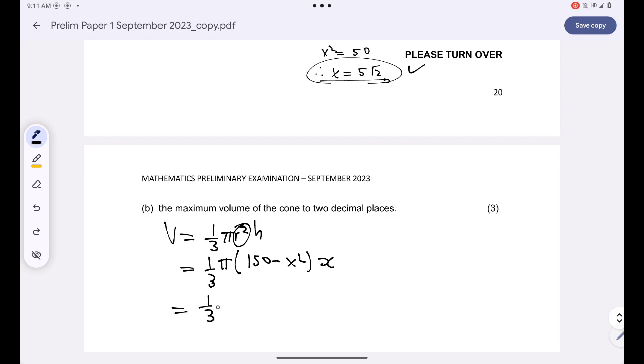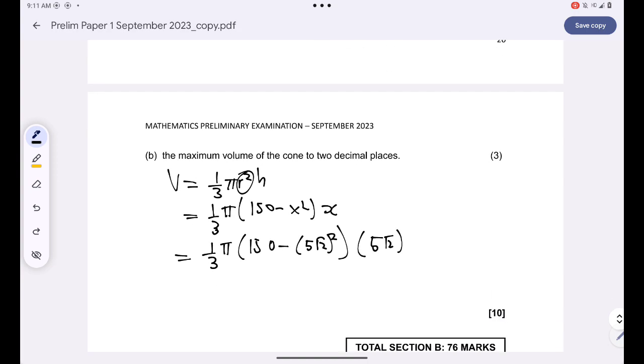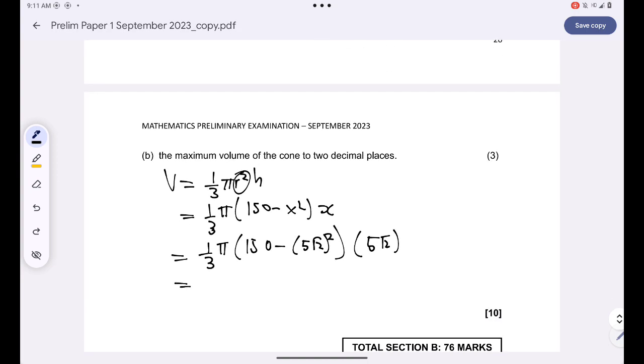So that's 1 over 3 pi, and then I'll have 150 minus x squared, where x is 5 root 2, all squared, and then multiplied by 5 root 2. We must just leave our answer to 2 decimal places.